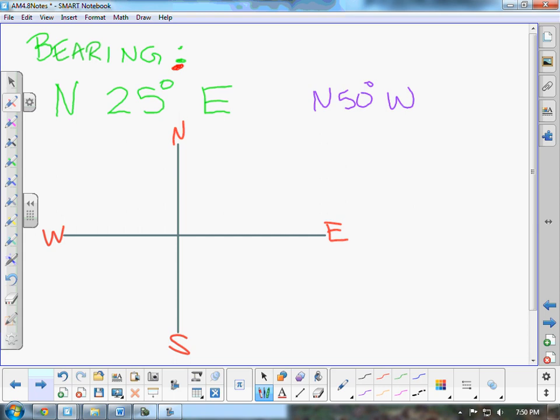When you're given a direction like north 25 degrees east, north is the first direction you move, and the second direction is either east or west. You're not going to get a north and then a south. It's going to be north and east or west, or south and east or west, or it could be east or west first and then north or south.